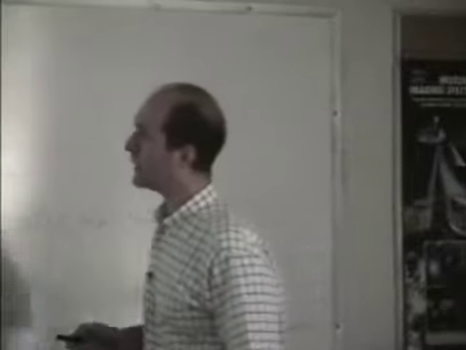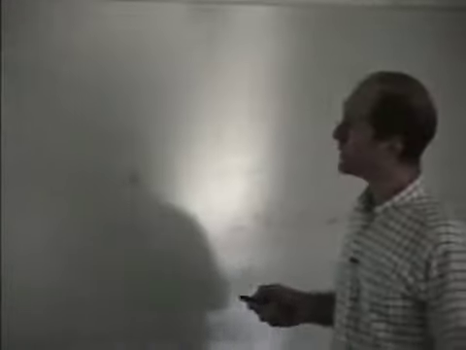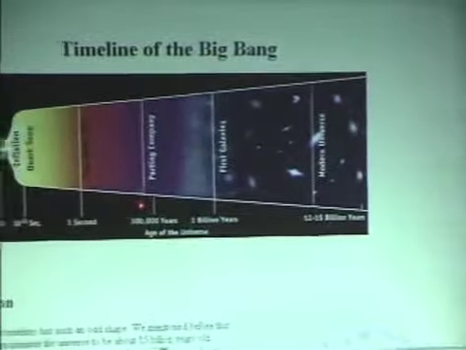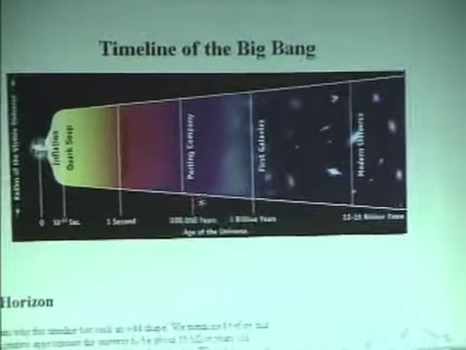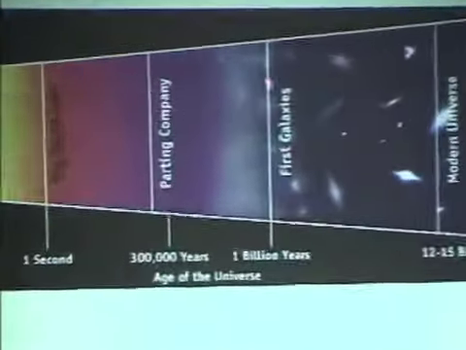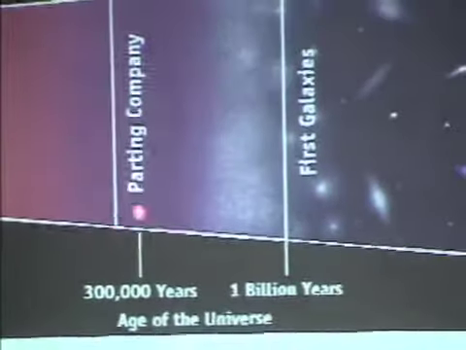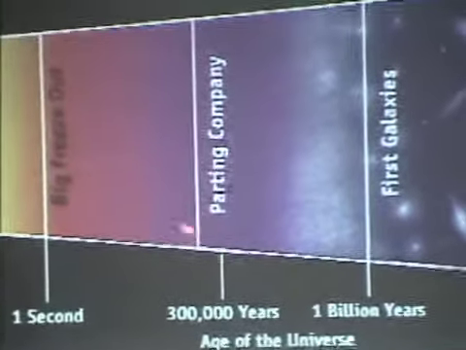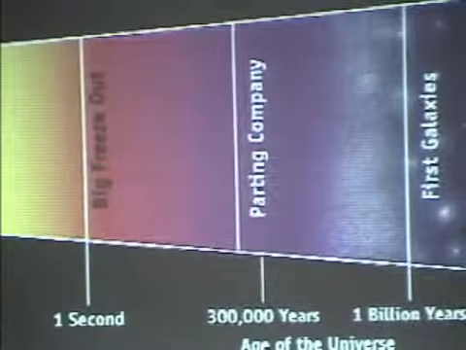Now, the thing I want to talk about today, in the last half of today, is this region here. I mentioned the microwave background radiation, which comes from a time far earlier than the time when stars and galaxies existed. So this time here, about 200,000 years after the Big Bang, is a time when the universe was hot, but stars and galaxies hadn't formed yet.